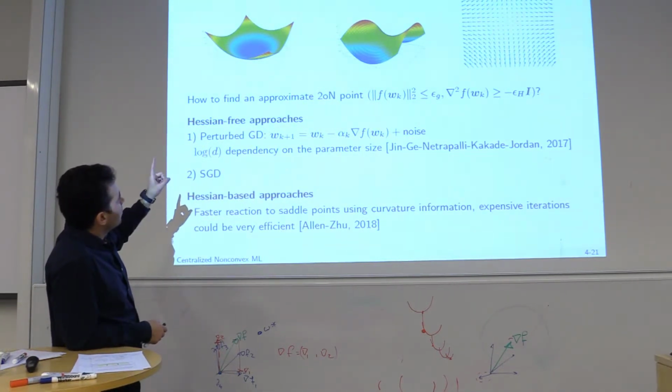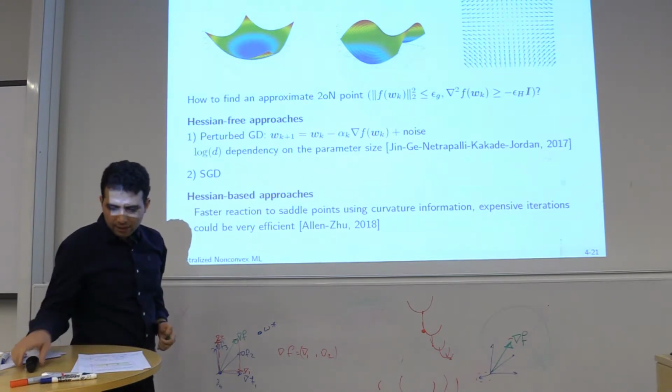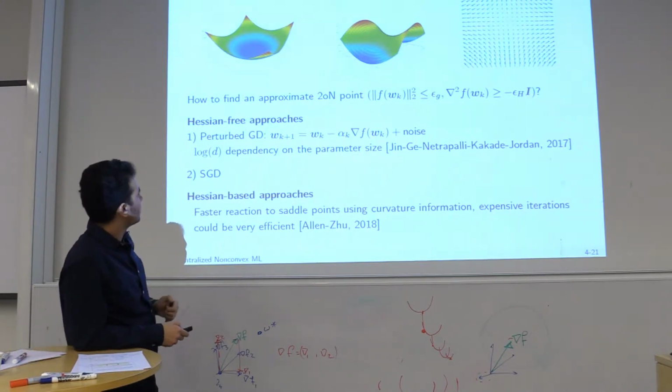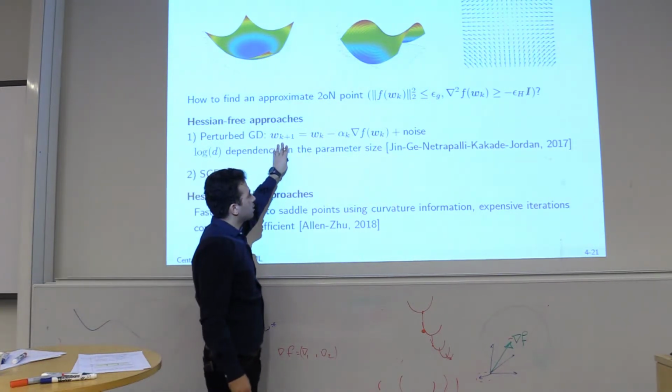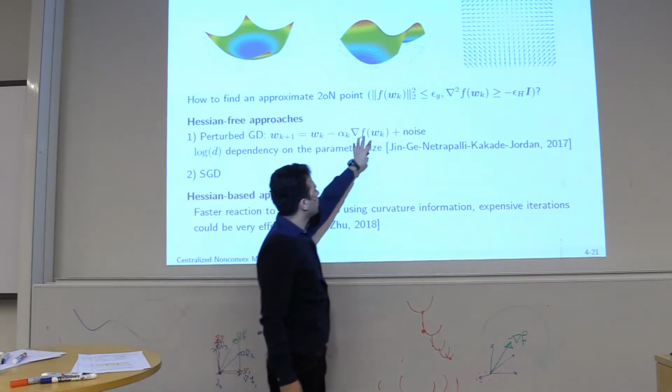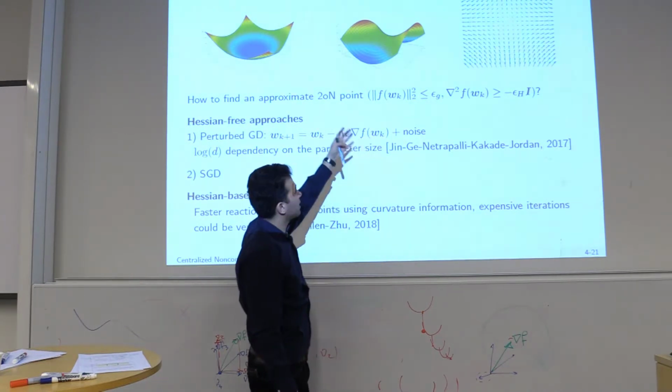Okay, so what are Hessian-free approaches? It essentially says that, and this is a pretty nice result, it's very simple: perturbed gradient descent. What would happen here if I do this update? W_{k+1} is W_k minus this gradient term, which vanishes anyway, because now we are close to the stationary point.